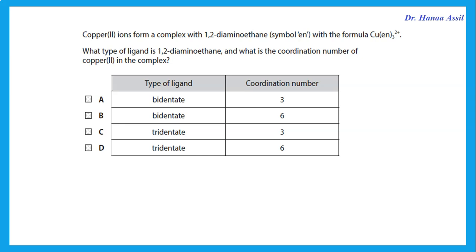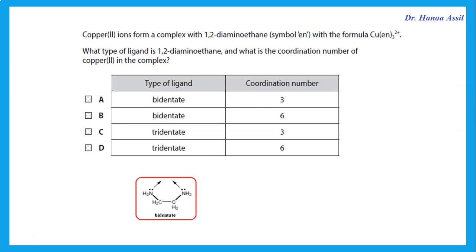Copper 2 ions form a complex with 1,2-diaminoethane, which is written like this, and that means that the copper makes 3 bonds or dative bonds with 3 of these molecules, diaminoethane. What type of ligand is 1,2-diaminoethane? That's this one.